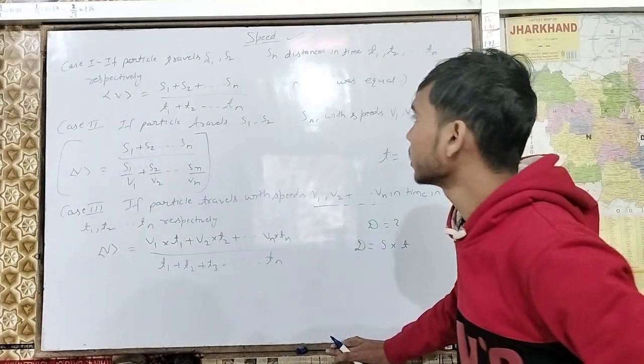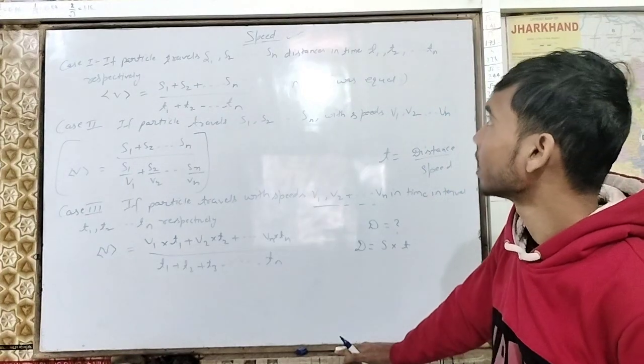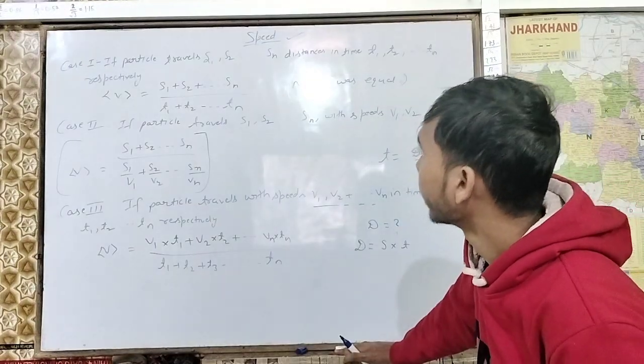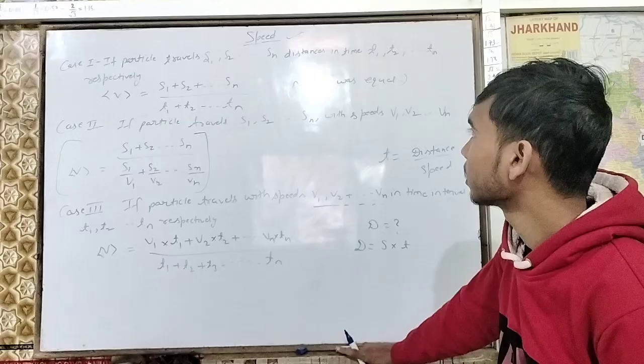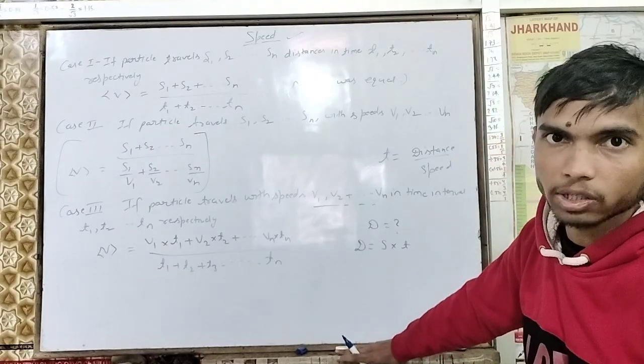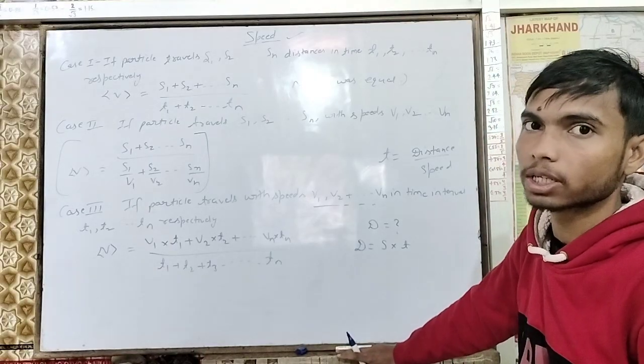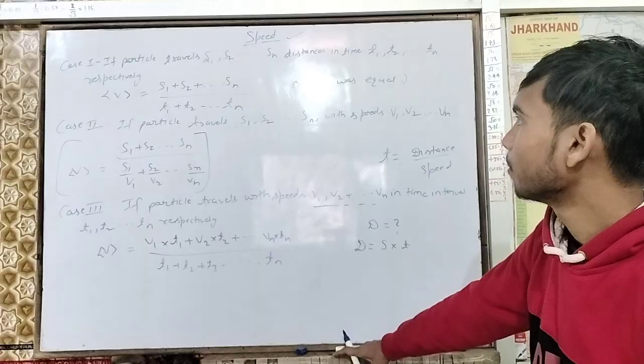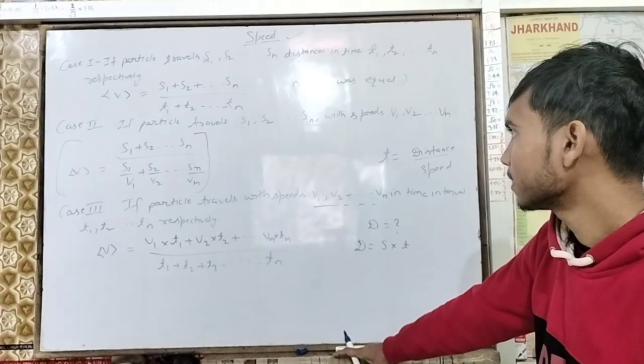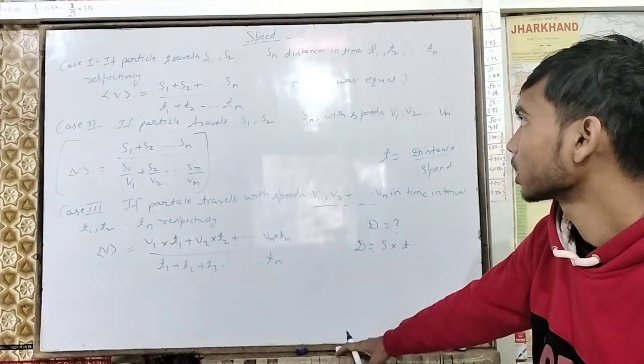In the first case, distance was given and time was given. We just found average velocity, which was equal to distance upon time. This was easy. But in the second case, t was not given.